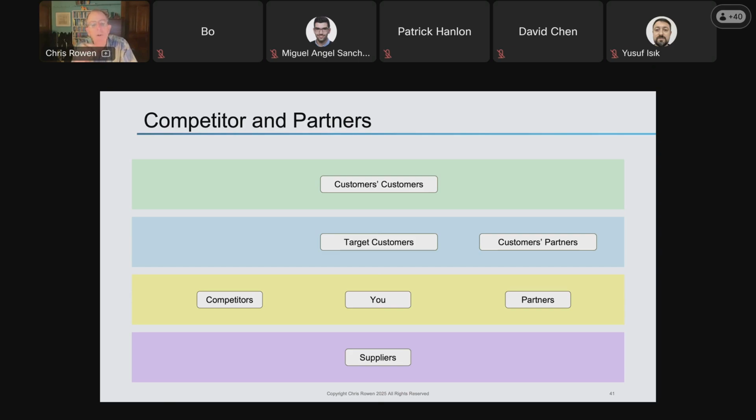But then you also need to understand who the customer's customers are, particularly when you're selling to businesses. Because very often you've got this thinly layered value chain where you are aware of who your customer's customers are.